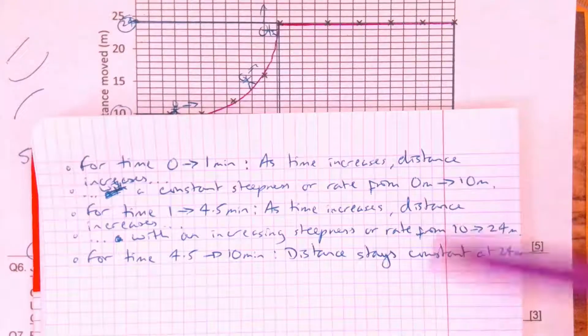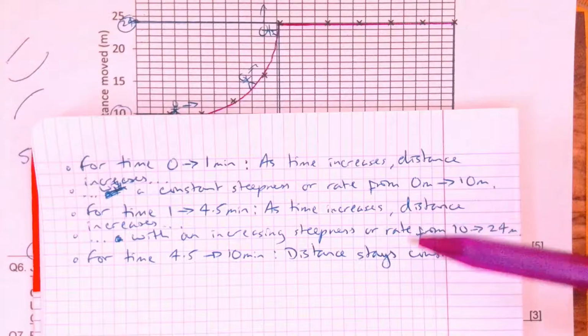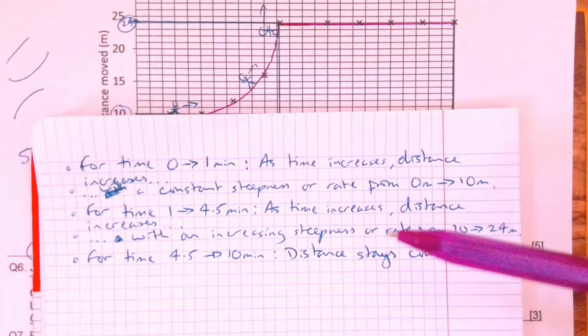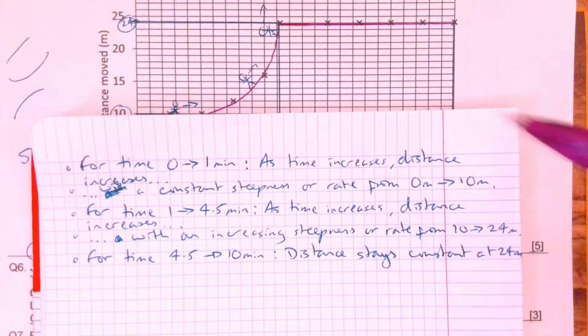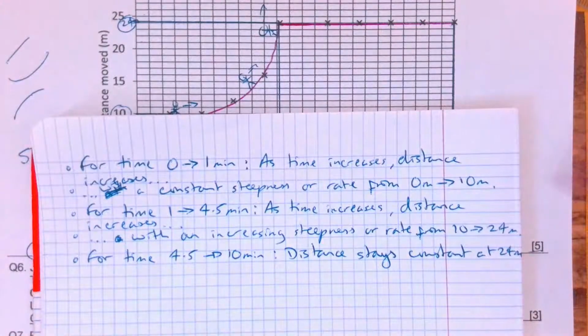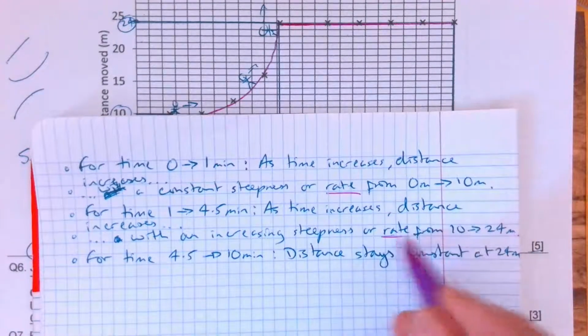But all I've done is I've reused that same simple conclusion, the perfect conclusion. As x increases, y increases or stays constant, with what sort of steepness, what's happening to steepness. And I've made sure I use that word rate every time.